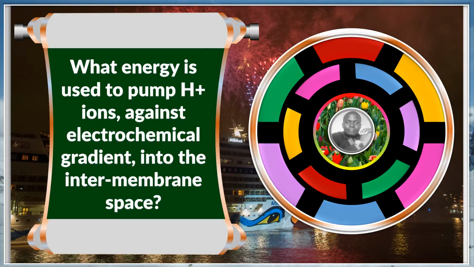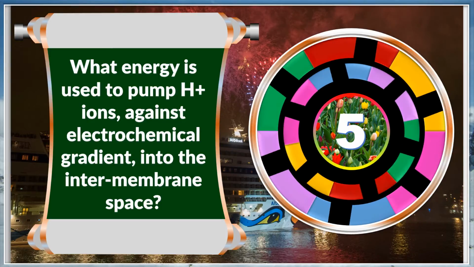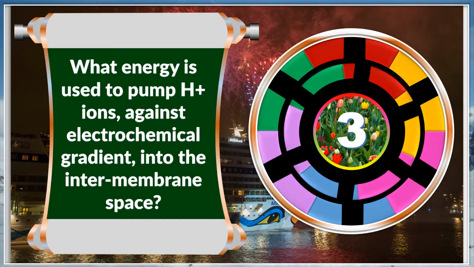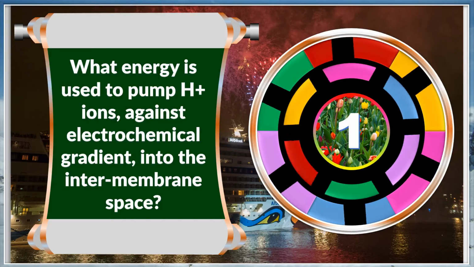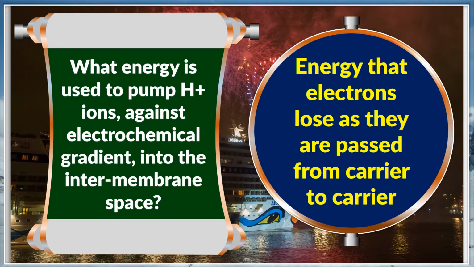What energy is used to pump hydrogen ions against electrochemical gradient into the intermembrane spaces? Energy that electrons lose as they are passed from carrier to carrier.